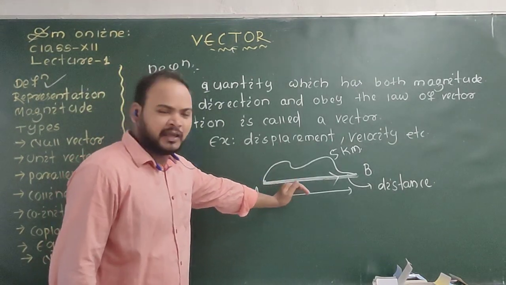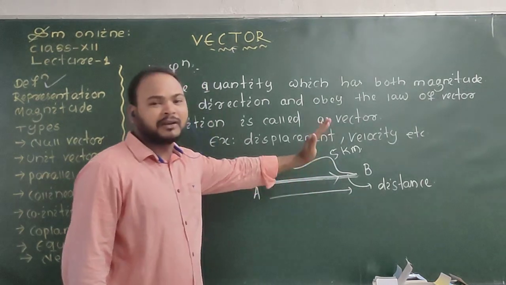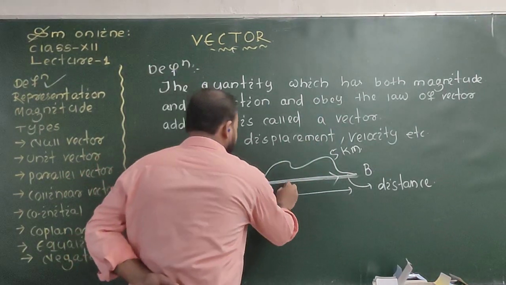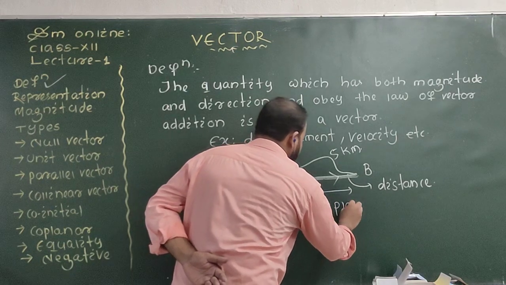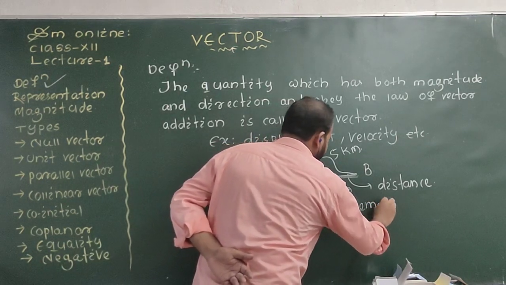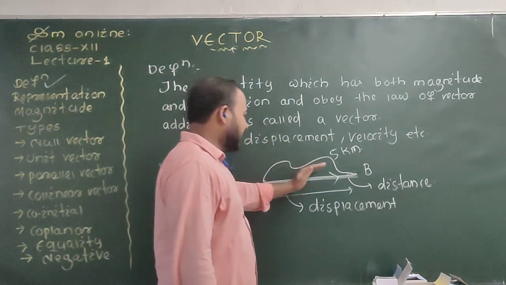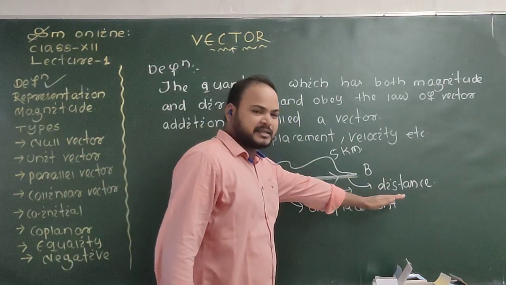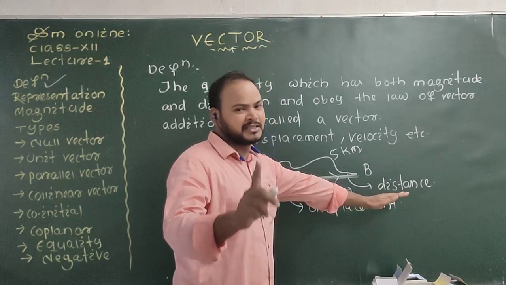And that AB vector is known as what? Displacement. That means the total path covered between A and B is distance, which has only magnitude but no specific direction.